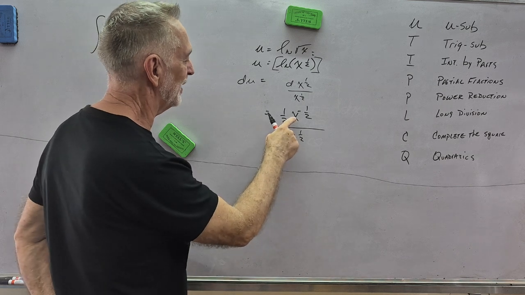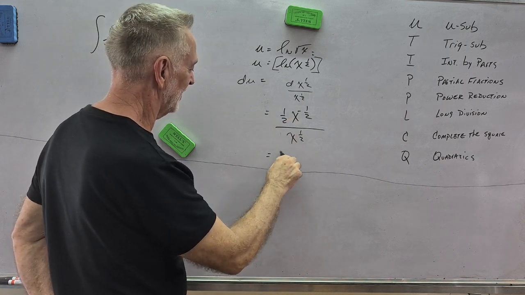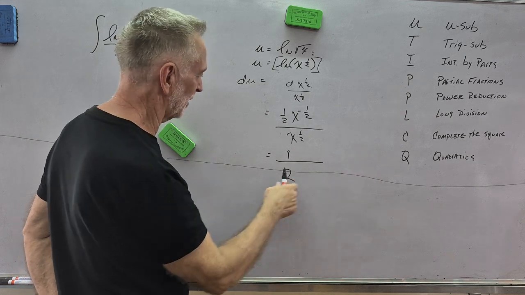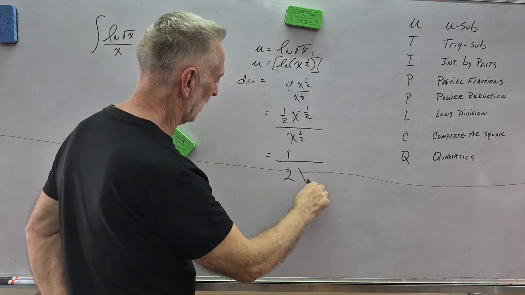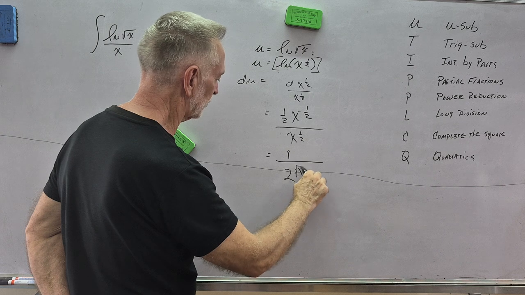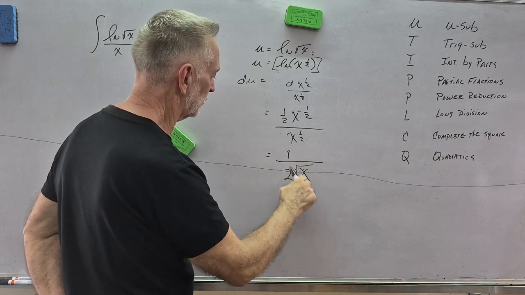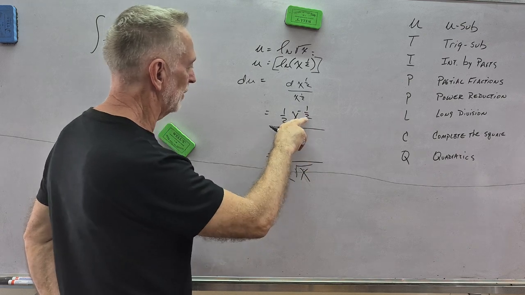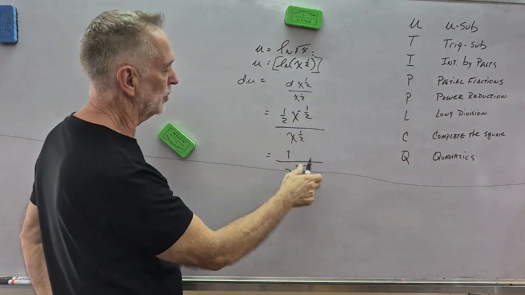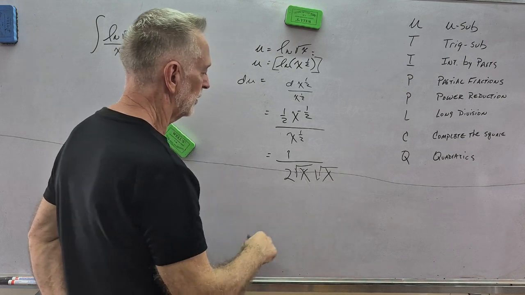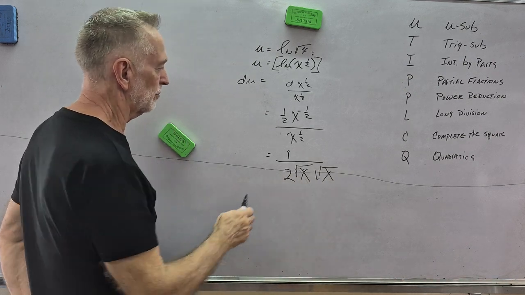Okay, so you can immediately see this is 1 over 2. Sorry for the crack in my board. I've got the square root of x in the numerator and the square root of x in the denominator. I'm going to bring this one down to the denominator. Square root of x times square root of x.